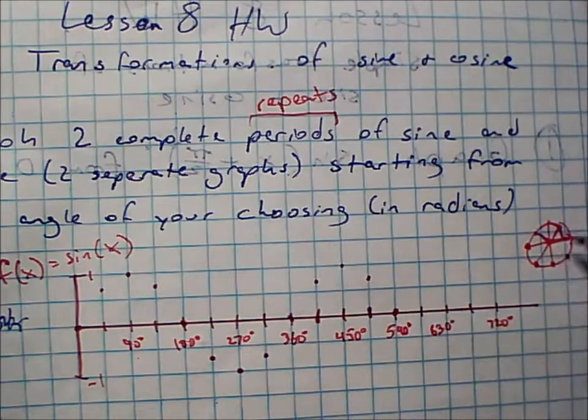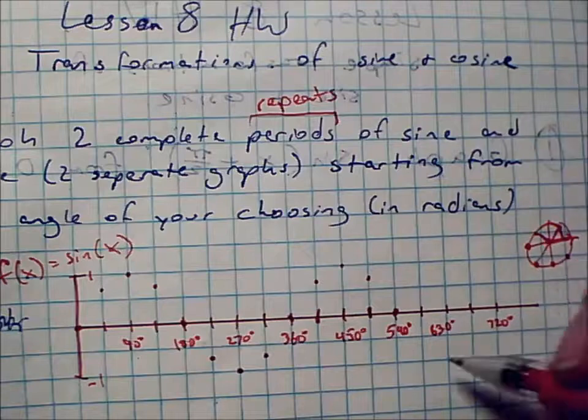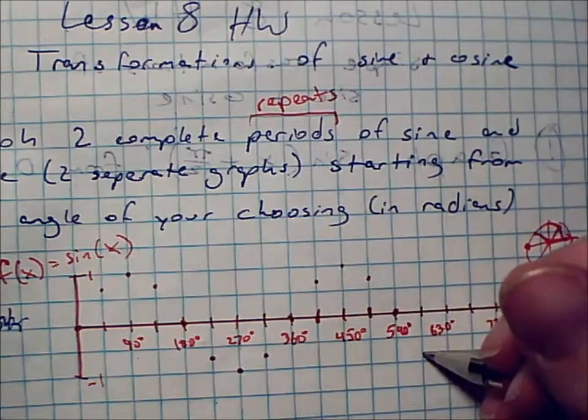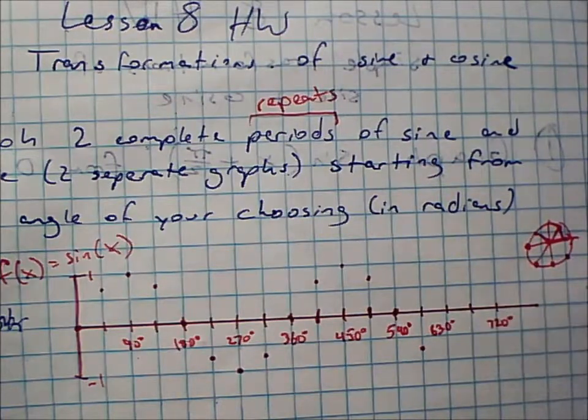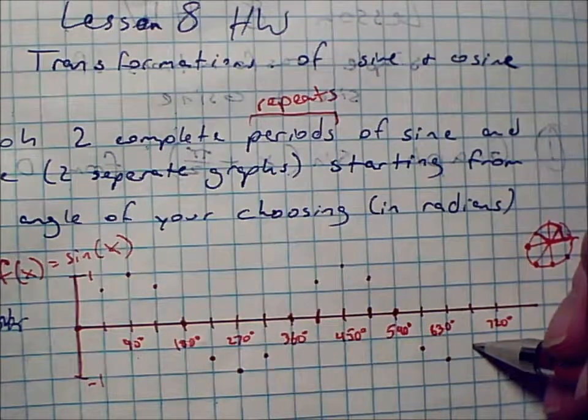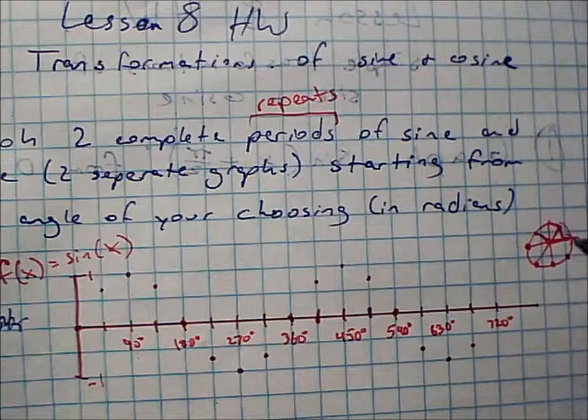At 585, sine is negative square root of 2 over 2. At 630, I lost my spot. Now, at 630, sine is negative 1. At 675, sine is negative square root of 2 over 2. And then at 720, sine is 0.